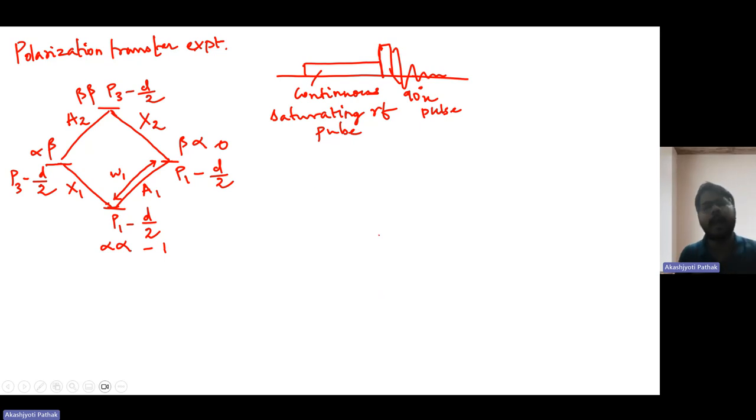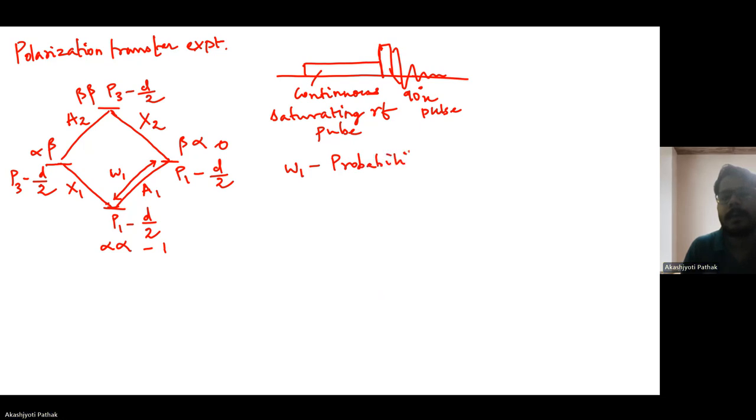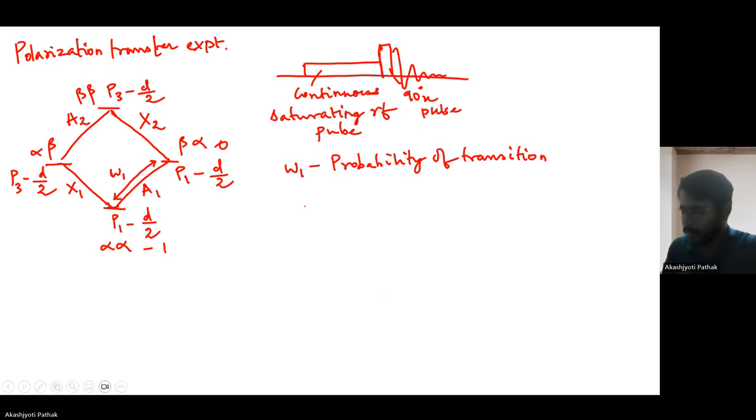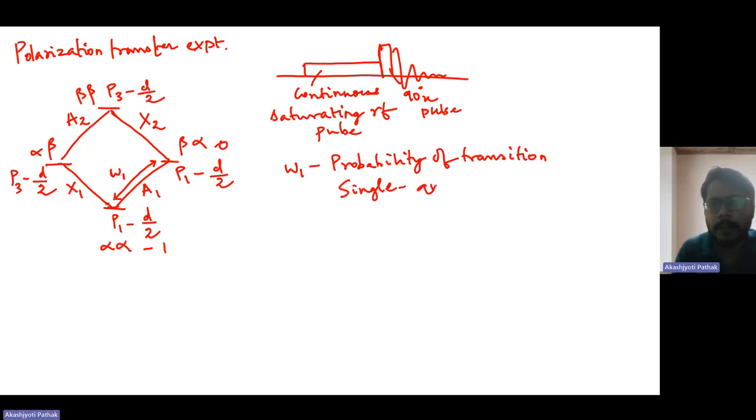We referred to zero spin, double spin, and single spin in our earlier slide. Since the change is by a factor of 1, from -1 to 0, the probability of transition from alpha alpha to beta alpha is known as the single quantum transition probability.